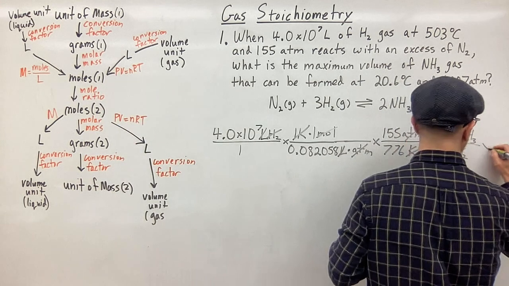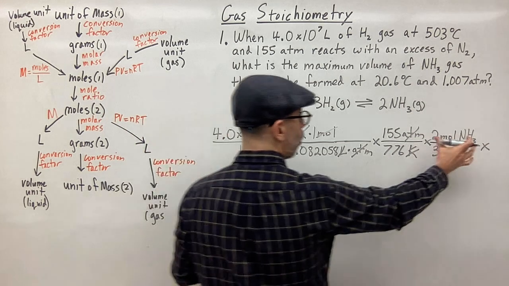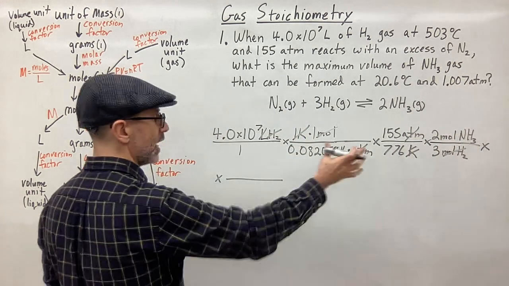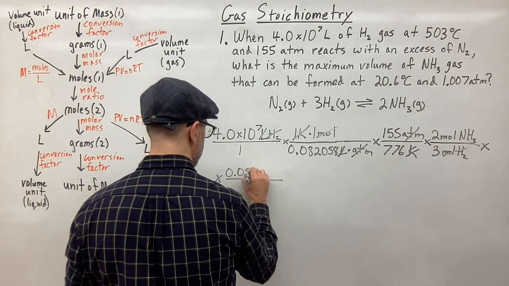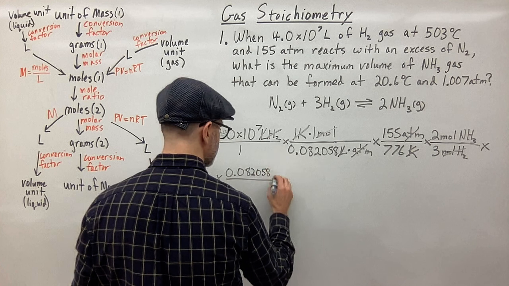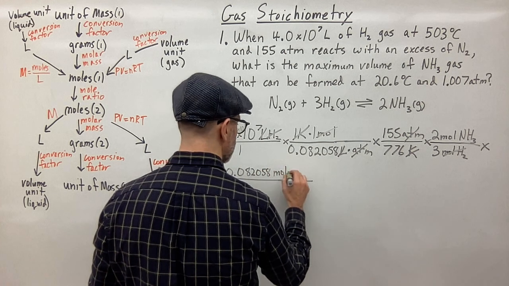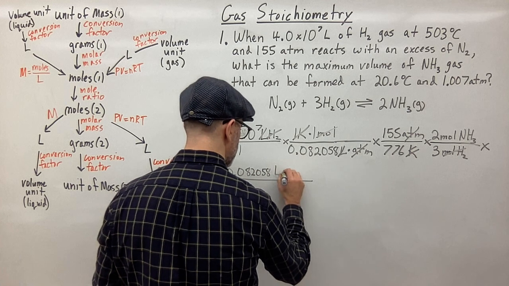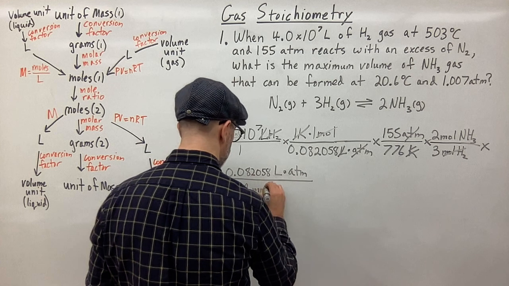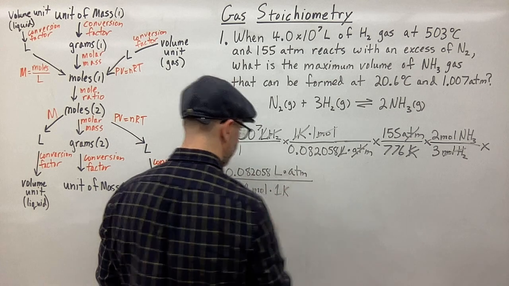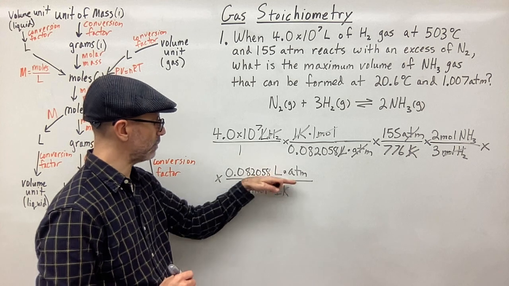This time we have moles on the top, so we're going to put the 0.082058 liter atmosphere on the top, and then we're going to put the 1 mole and 1 Kelvin on the bottom. So mole and Kelvin go on the bottom, and liter atmosphere on top.